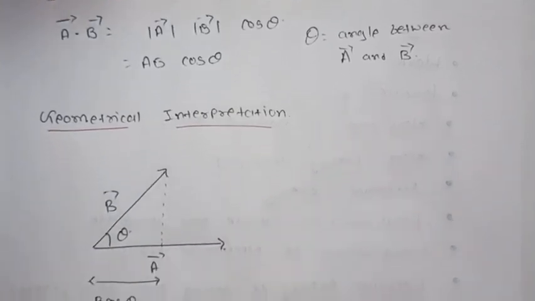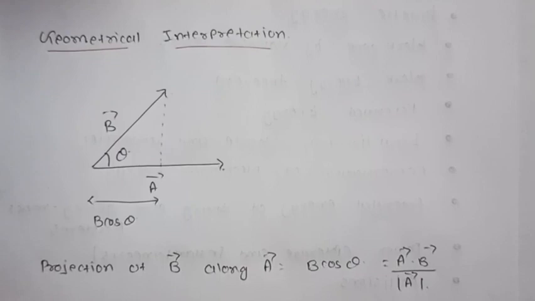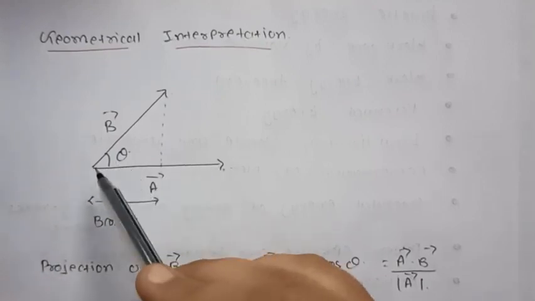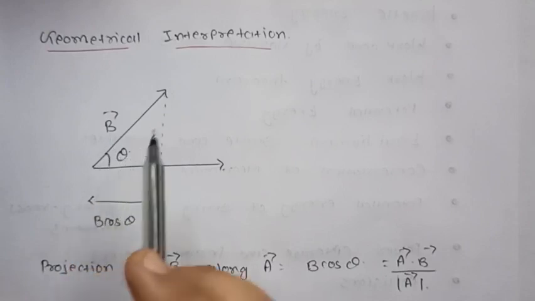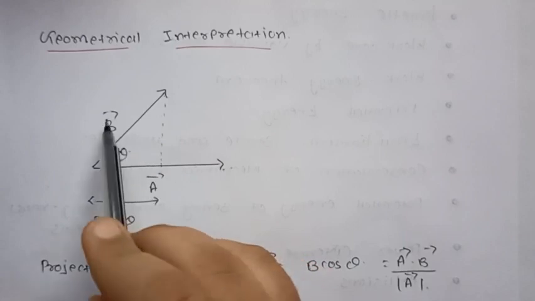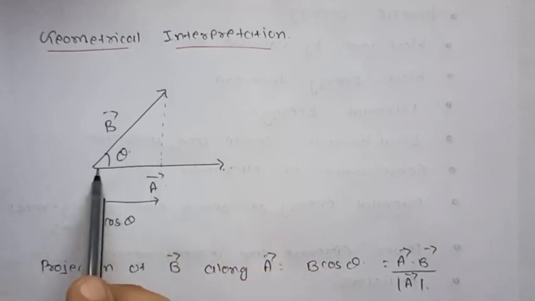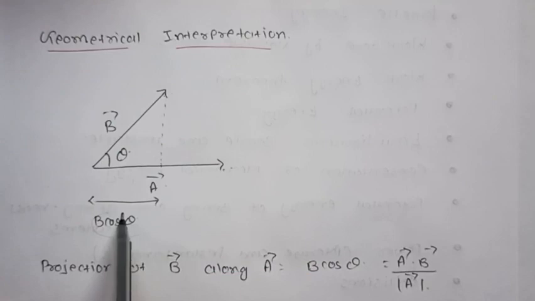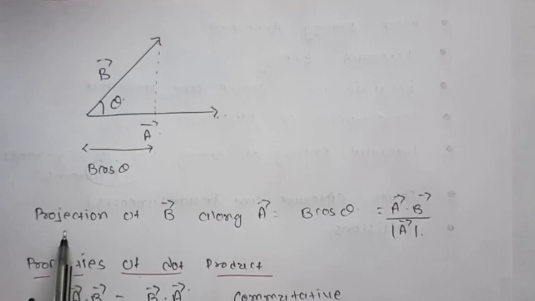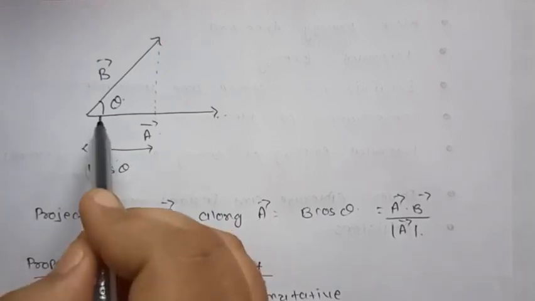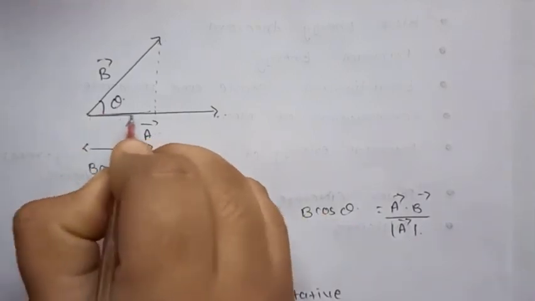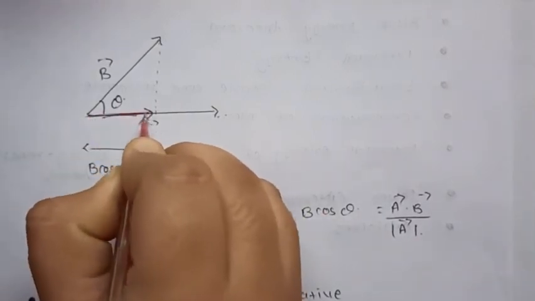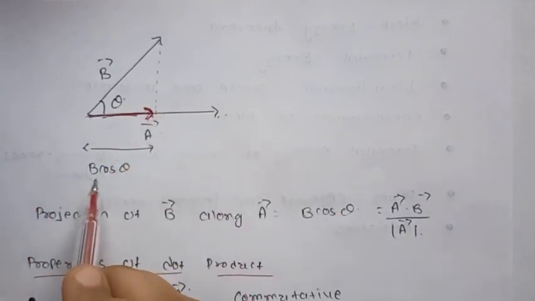Now if we see the geometrical representation, this is vector A and this is vector B. The angle between A and B is theta. If we take a perpendicular projection of B on A, then this component will be B cos theta. So this is the projection of B along A, and that is B cos theta.